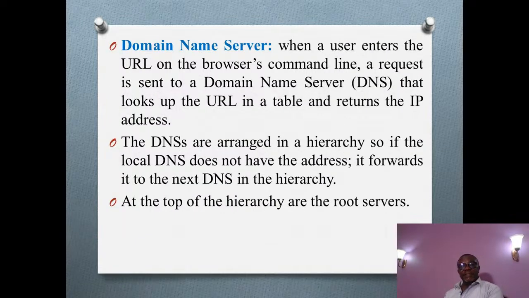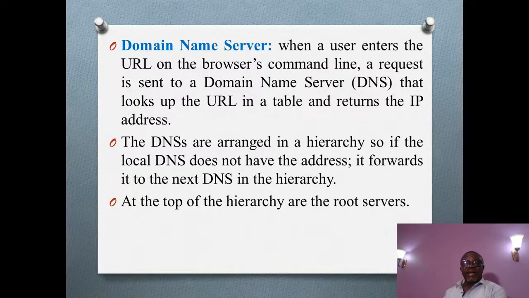So the domain name server: when a user enters the URL on the browser's command line, when we say your browser's command, if you start your laptop at the top, you see where it's giving you space to enter what address you want. So that is called the browser's command line. So when a user enters the URL on that browser's command line, a request is sent to a domain name server that looks up the URL in a table and returns the IP address.